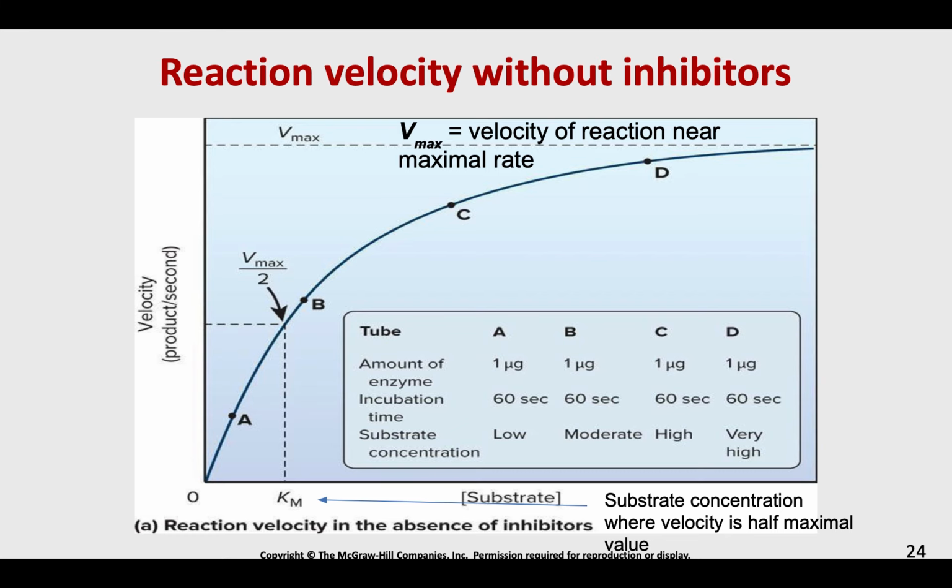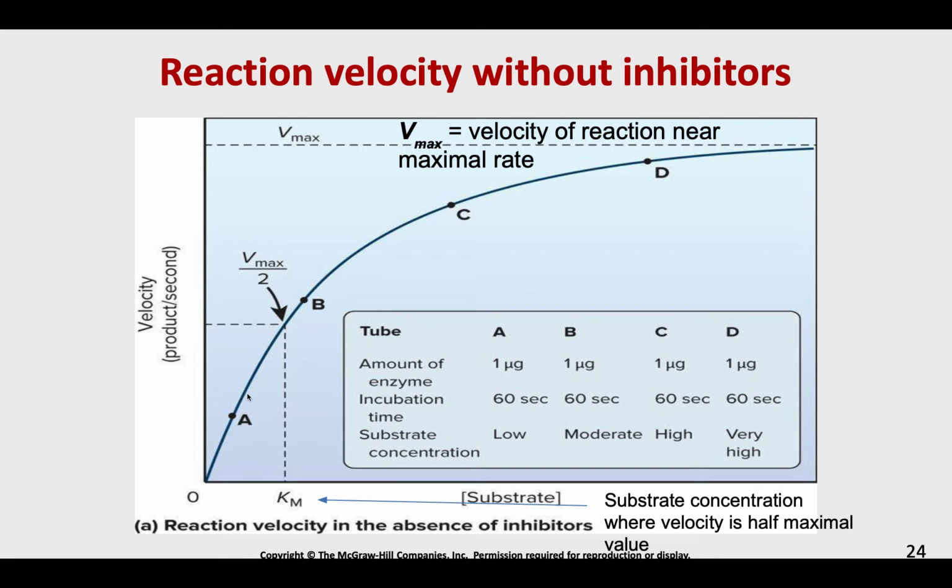Taking a look at that here, we have a diagram with velocity on the vertical axis and substrate on the x-axis, and we're going to look at the Vmax. Here we're looking at the substrate concentration of different test tubes that have different concentrations.